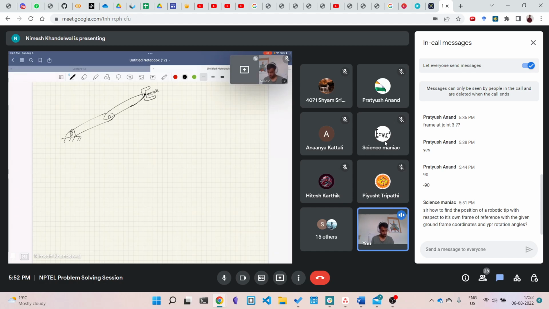This tip can rotate about this point, basically about the axis coming out of this point. So I can assign a frame here: this is X, this is Y, and Z is outside the plane.